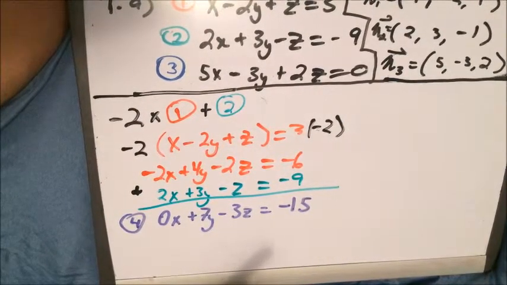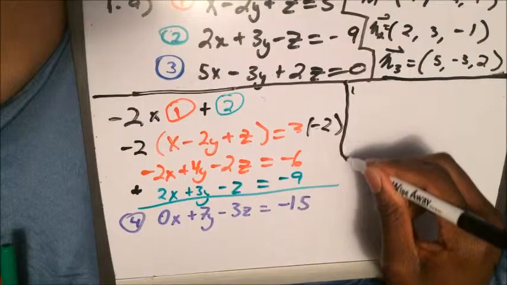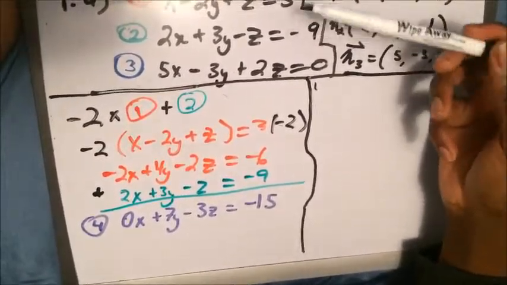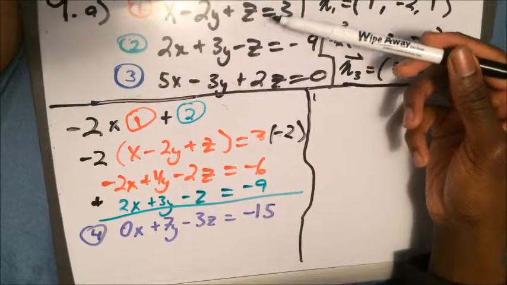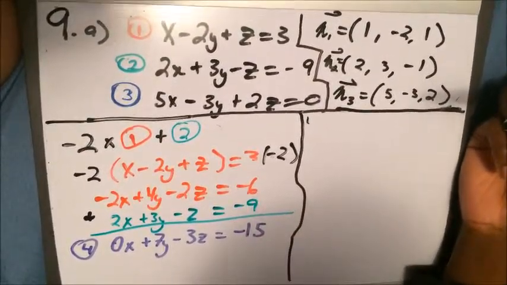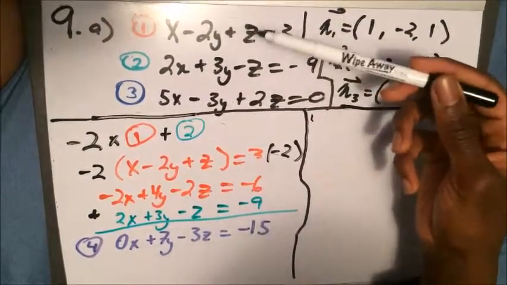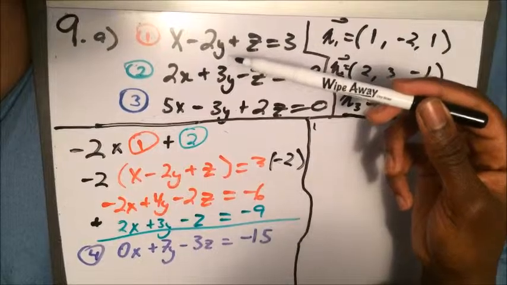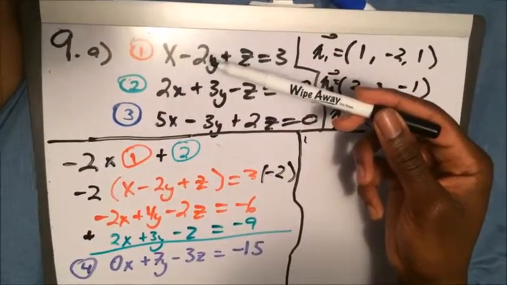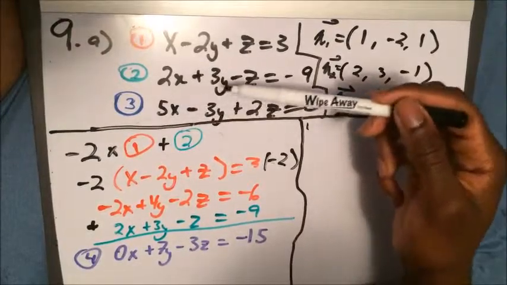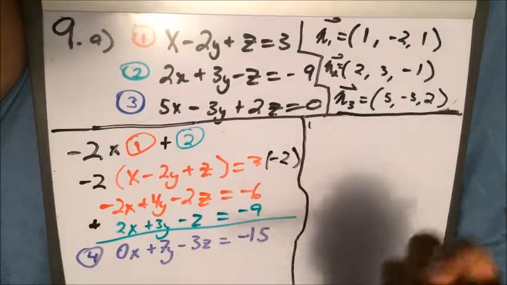Now, for our fifth equation, we're going to be working with equation 1 and equation 3. So what can we do here? Well, we can take the first equation and multiply it by negative 5, so that when I add this new equation to equation 3, we'll have 0 as our coefficient for x.